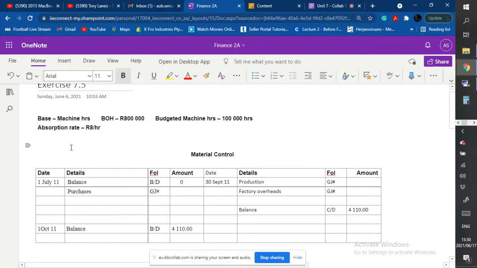Then Northwood 95 units were sold at 35 Rand per unit. Then we have Southwood. All units were sold at cost plus 30% markup. Right, what I've done there is I've just written close to them the total number of units produced.